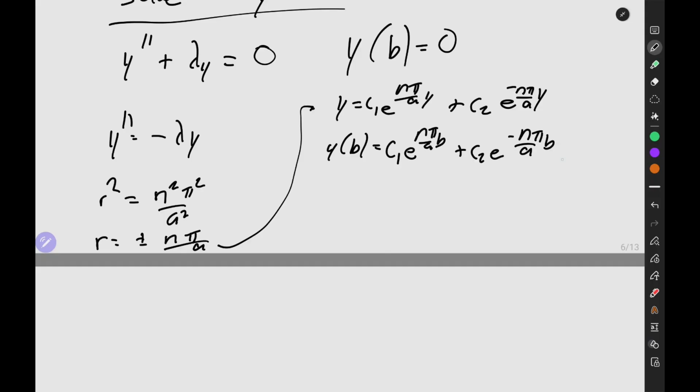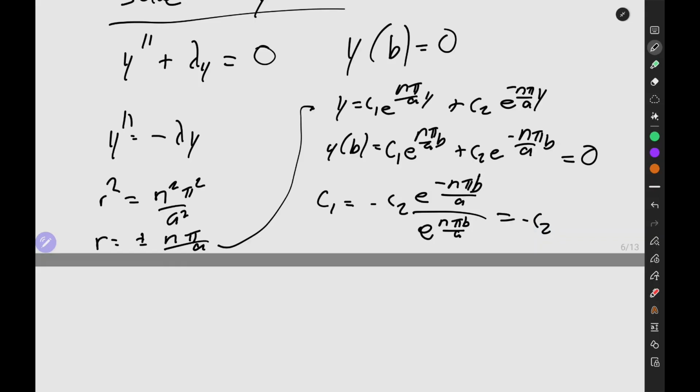Like I said in the last video, we now can't directly solve for c1 exactly. What we could do is write it in terms of all that exponential stuff. So c1 would be equal to negative c2 times e to the negative n pi b over a, over e to the n pi b over a. That basically equals negative c2, because you move that up to the numerator.